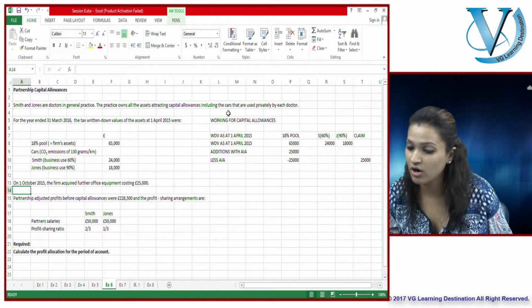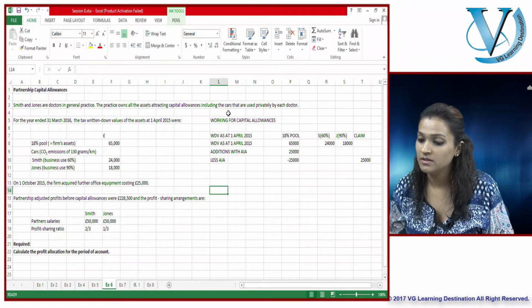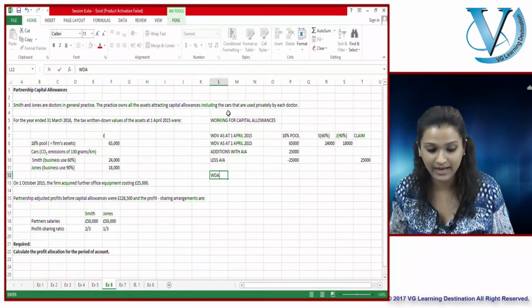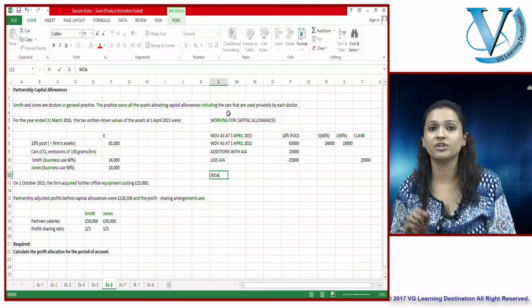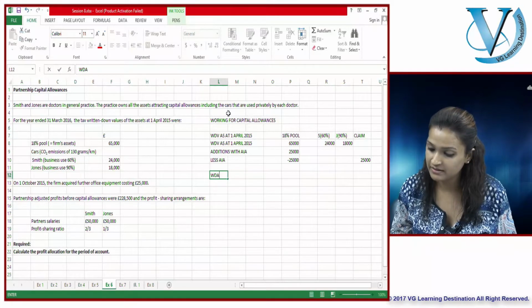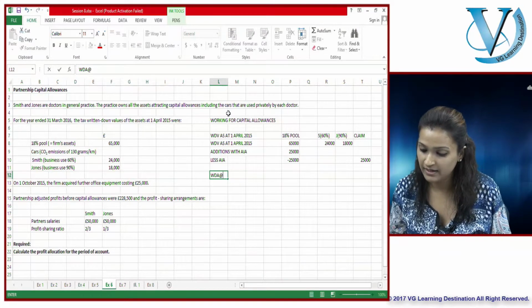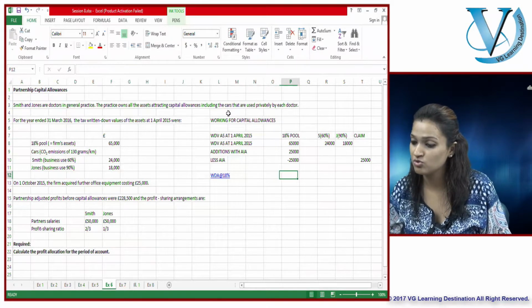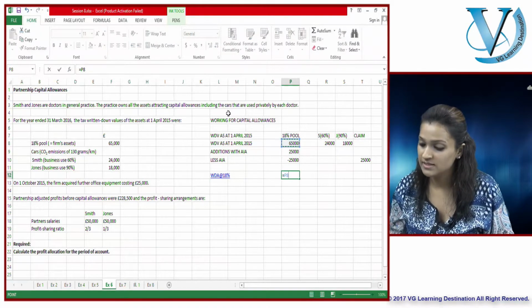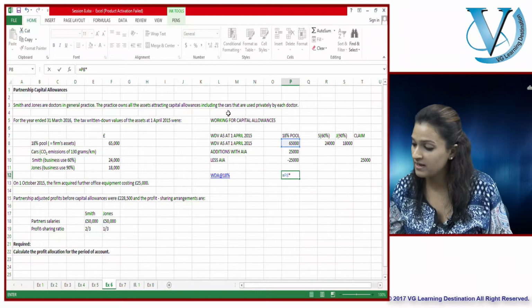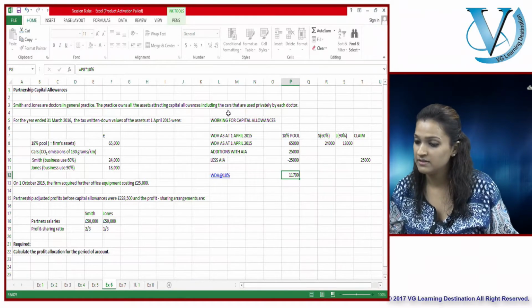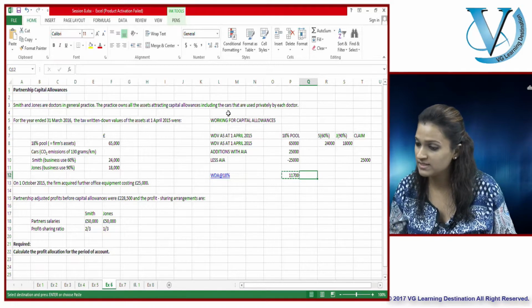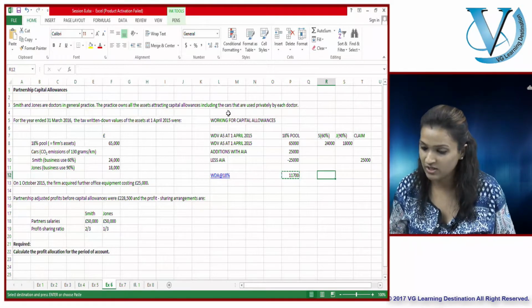I only have WDV, so I provide WDA at 18%, restricted to the business use, which comes out to be how much? 65,000 multiplied by 18%. Similarly, I do the same here for the cars.